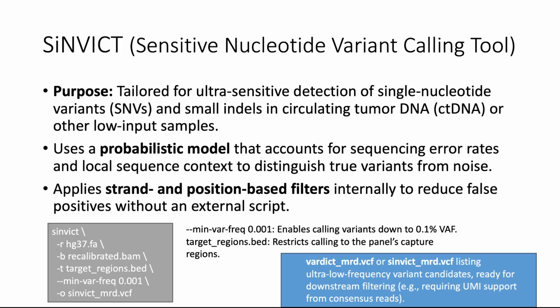It uses a probabilistic model that accounts for sequencing error rates and local sequence context to distinguish true variants from noise. It applies trend and position-based filters internally to reduce false positives without external tooling to be added in this tool. So it's also a good idea to use this.